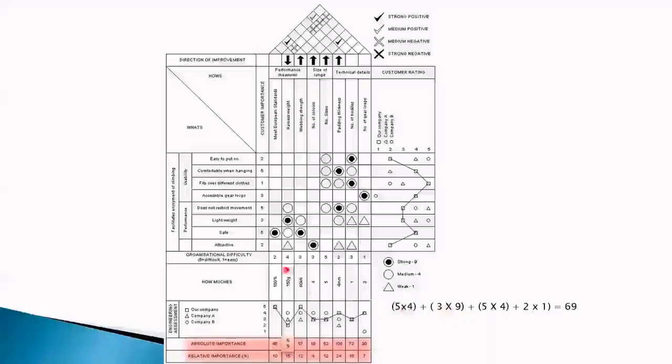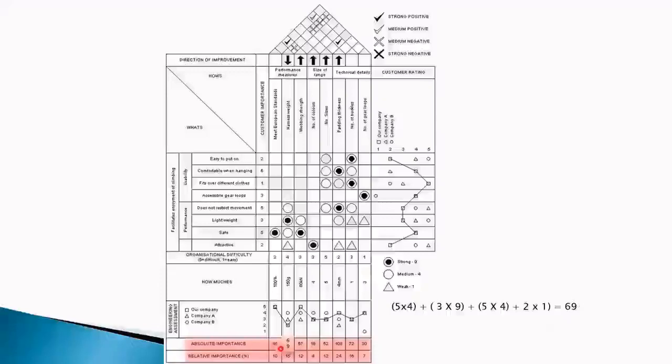Third one, 5 multiplied by 4. Fourth one, 2 multiplied by 1. Then we have to get the total. This is just 69. Here you can see the calculations.